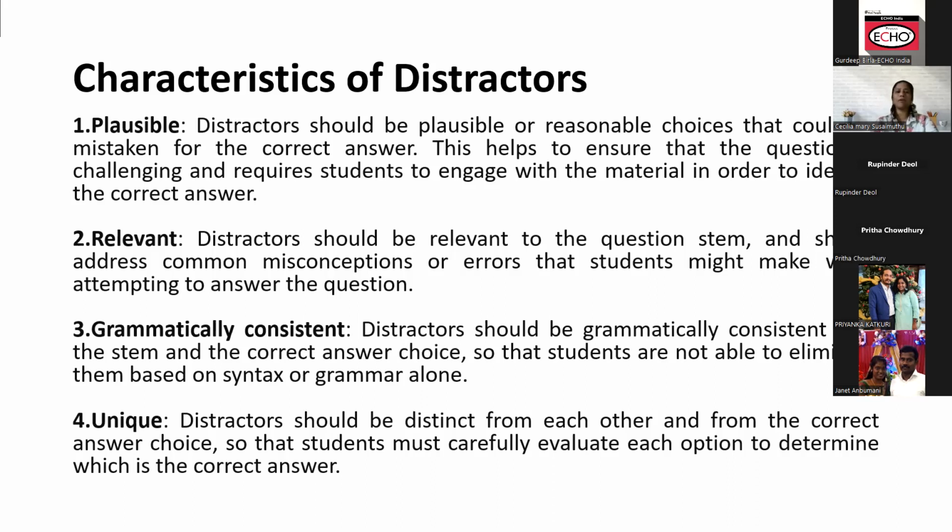No, ma'am, those are not plausible distractors. Okay, so plausible distractors are essential to ensure that the question is challenging and also requires the student to engage in the material in order to choose the correct answer. So it is not easily detected by the student. The student should understand the question and know the basic concept.